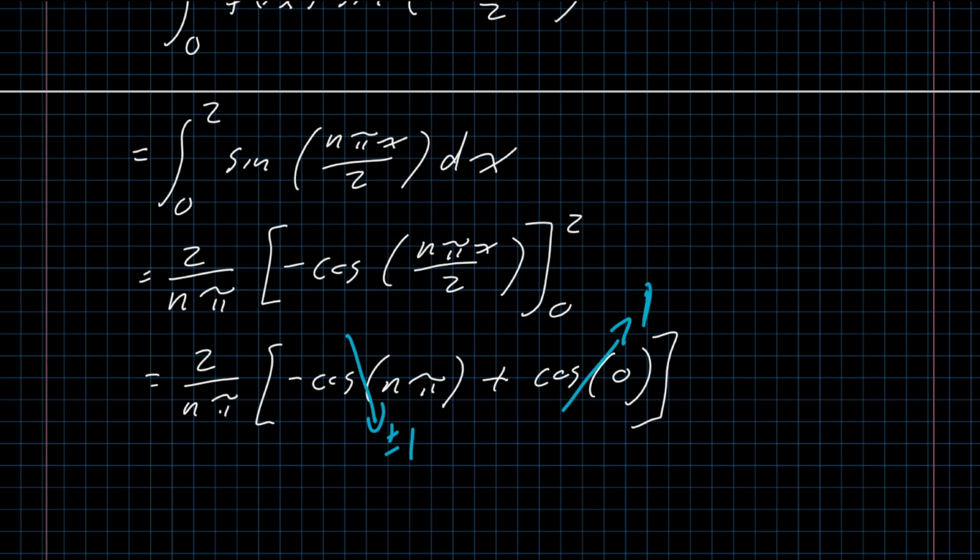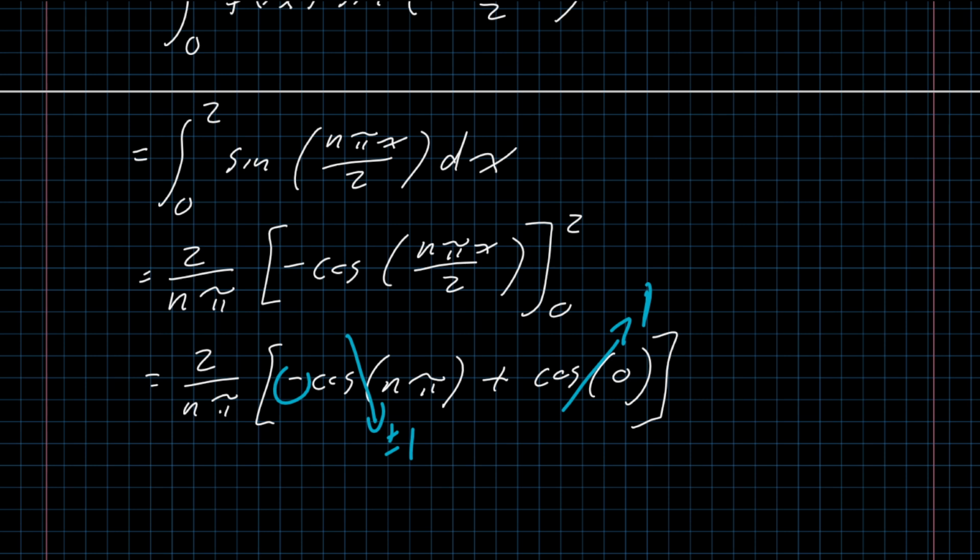Right? When n is 1, cosine of pi is 1, and then we take the negative out here and we get negative 1. When n is 2, cosine of 2 pi is positive 1. I think I said that backwards already. I'm sorry. Cosine of n pi, when n is 1, we get negative 1.